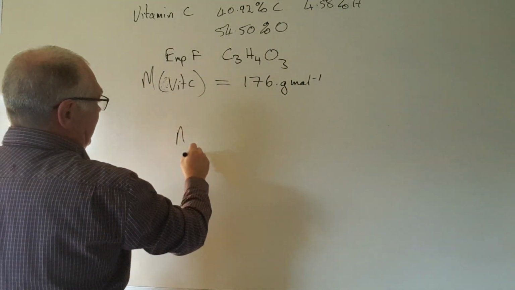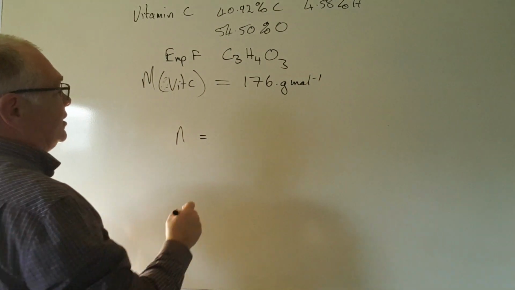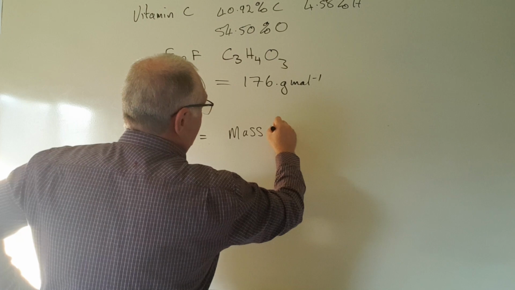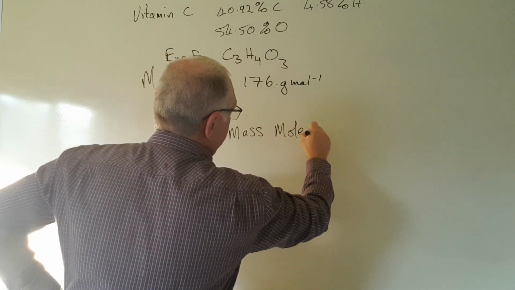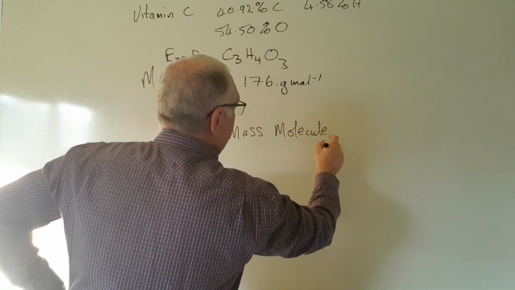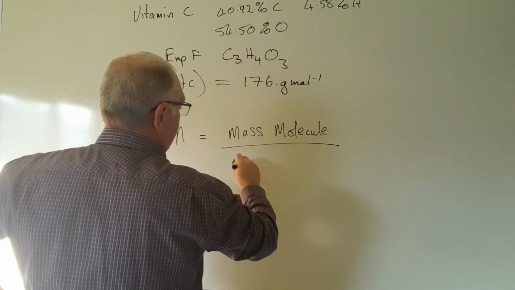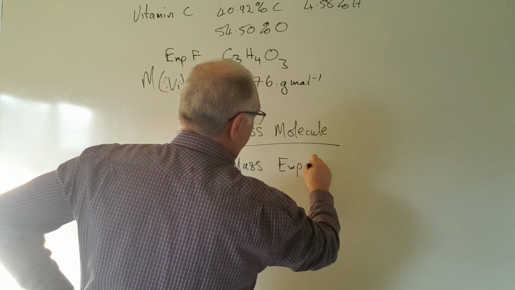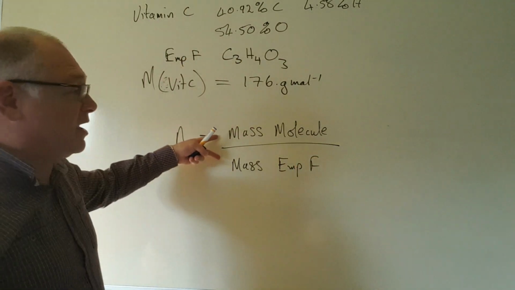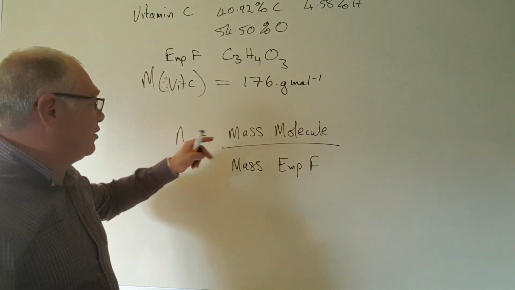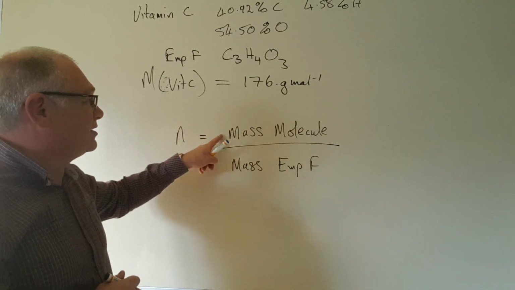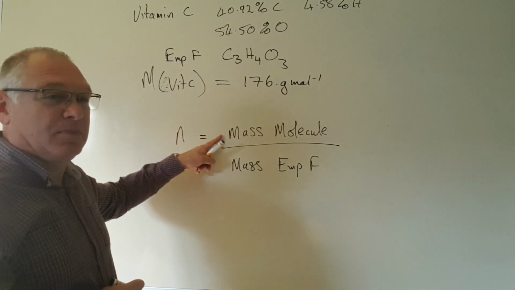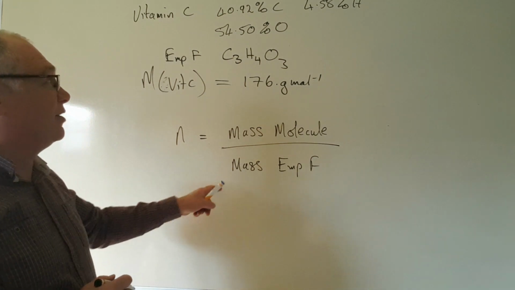To work out n, the multiplier, it's going to be the mass of the actual molecule divided by the mass of the empirical formula. When you work out this division, this ratio, it will tell you how many times bigger the molecular molecule is than the empirical molecule.